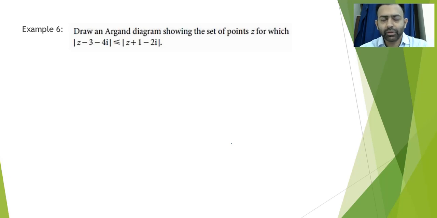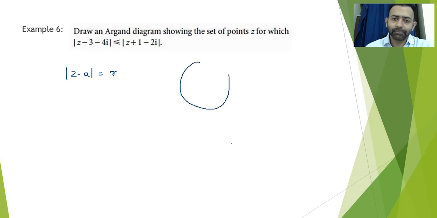If I say mod of z minus a is equal to r, in the previous video we discussed that this represents a circle with center a and radius r. Here a is another complex number of the type x plus iy. So this represents only the boundary of the circle.